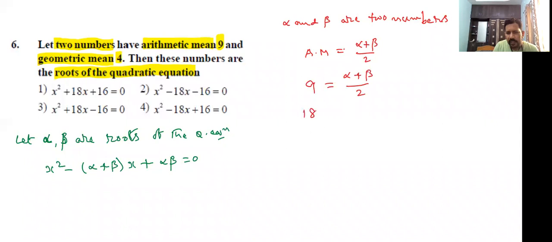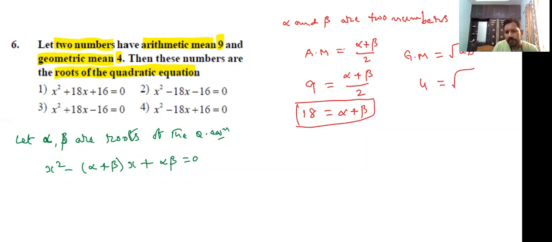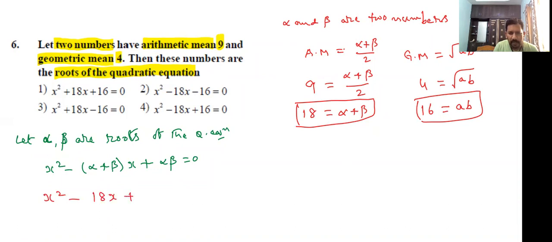Then 18 is equal to alpha plus beta. Next, the geometric mean is root of AB. 4 is the geometric mean. Squaring on both sides, 16 is equal to AB. Substitute these values here: x square minus 18x plus 16 is equal to 0.